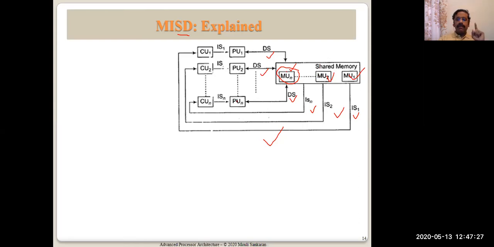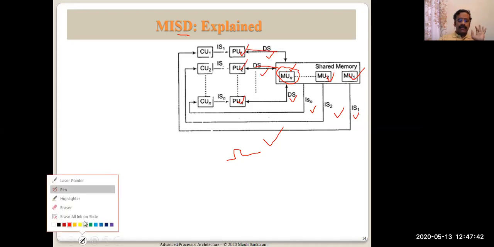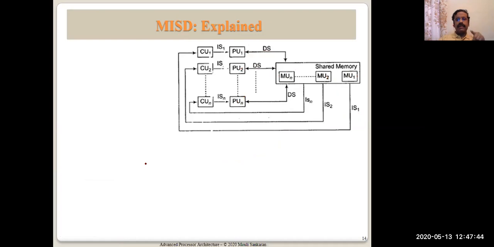But the CPU is executing different instructions at different points in time. Even during the same time, they are executing different instructions, but they operate on the same set of data. That's all. If you understood SIMD, this is a different way of saying that you run different instructions on the same data.